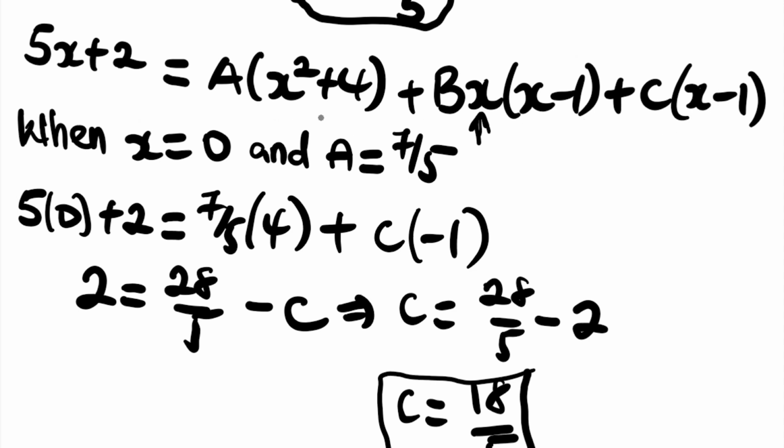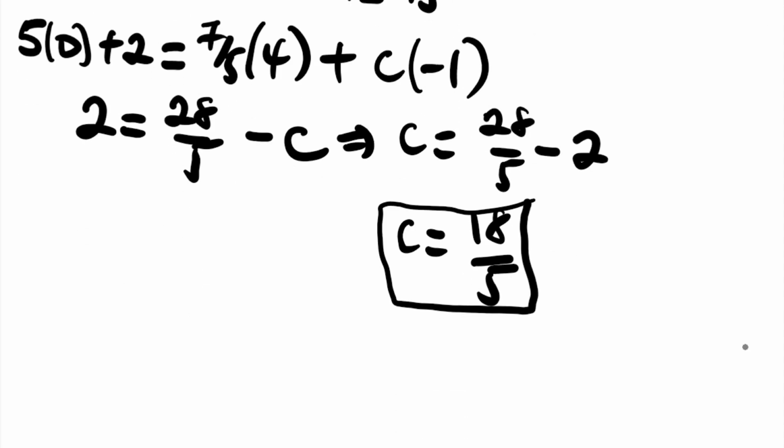If I pick x equal to 1, this guy will go, this guy will go, right? We don't want to eliminate b, so I'm going to pick a value for x to make this negative 1. Yes, let me use negative 1.